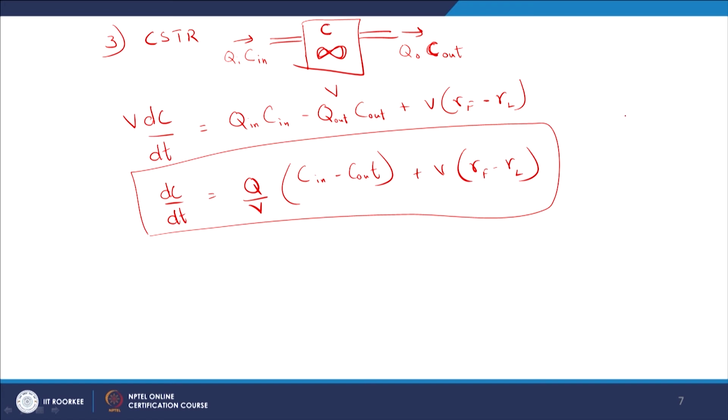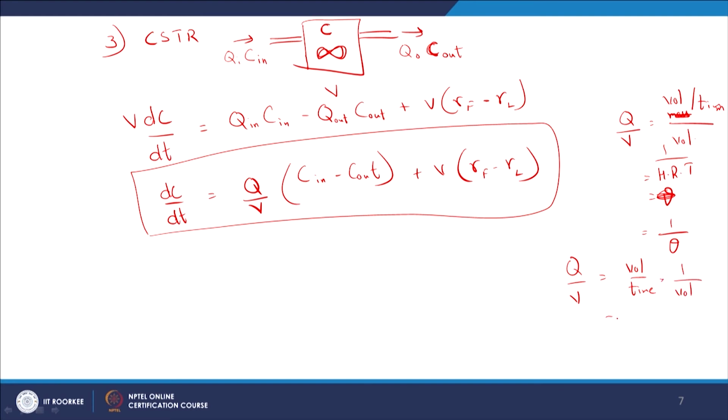And what is Q by V? Q is volume per time, divided by volume, so that is 1 by time, or 1 by HRT, the hydraulic retention time, theta.